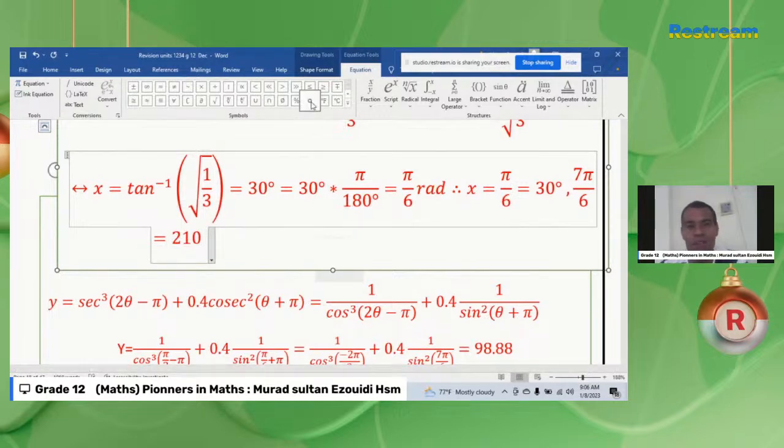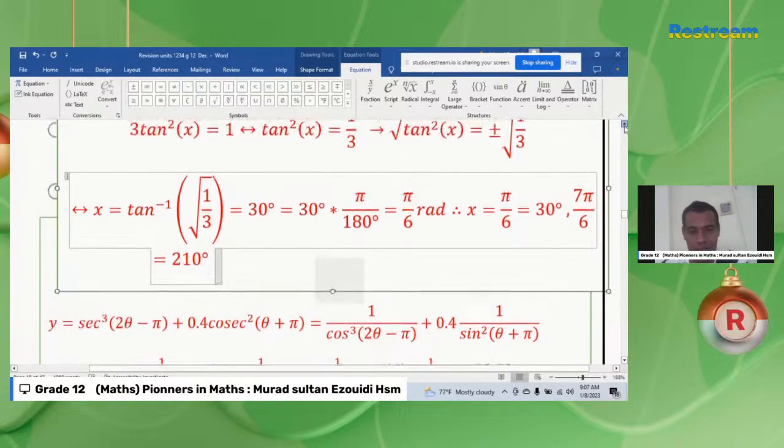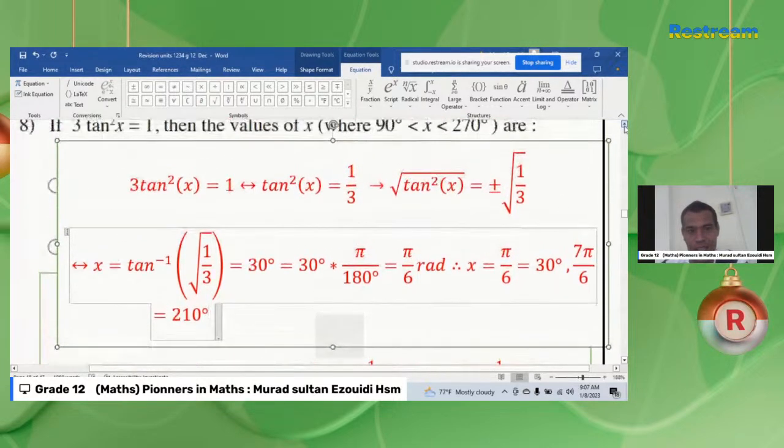Therefore, go back to your interval and check if these angles really lie in this interval.